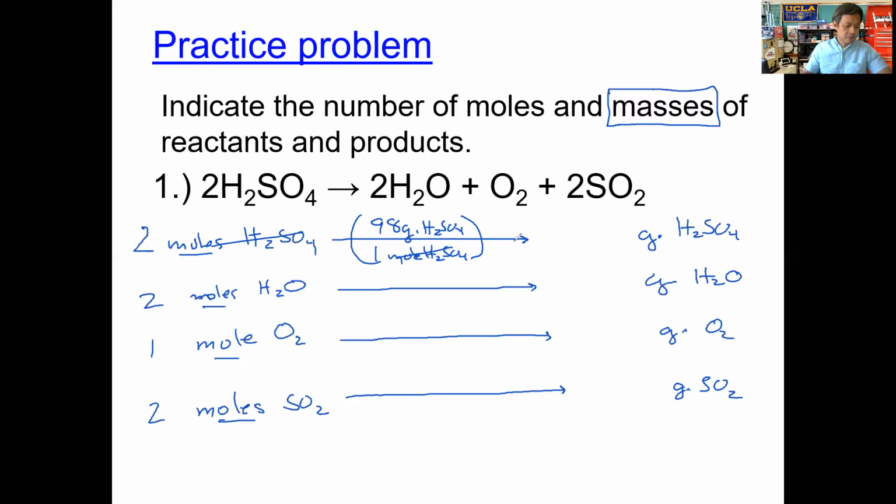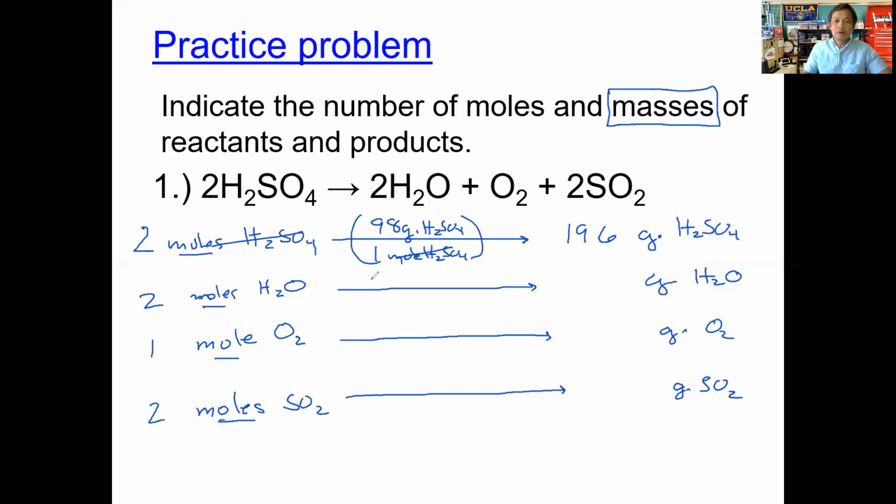When you do that, you end up with 196 grams of H2SO4. So this reaction describes that we need to start out with 2 moles of H2SO4, and that's equivalent to 196 grams of sulfuric acid.